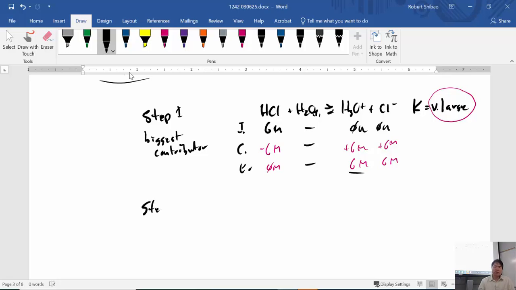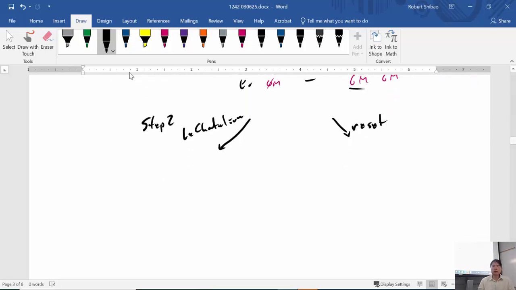Now we go to step 2. In step 2, we have 2 choices: we do a Le Chatelier's style perturbation, or we do a reset. In step 2, I have H2O liquid plus H2O liquid goes to hydronium plus hydroxide.